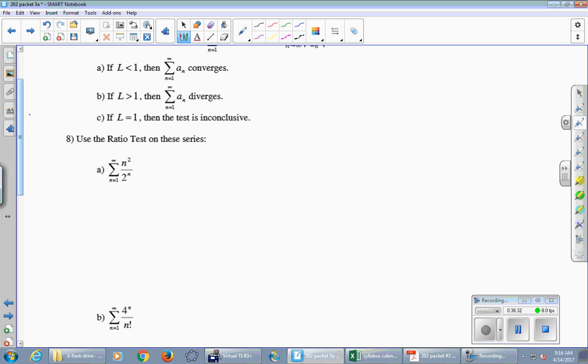So here's the series that we just talked about. And let's do our calculation. Limit n goes to infinity, absolute value, big fraction line. In the bottom, you put the current general term, which is given, n squared over 2 to the n.